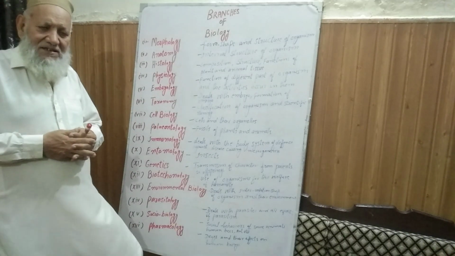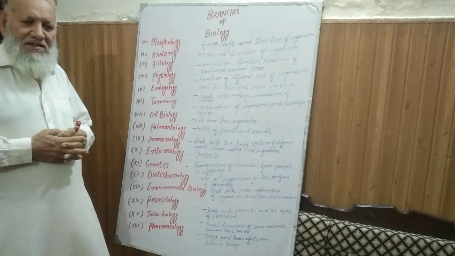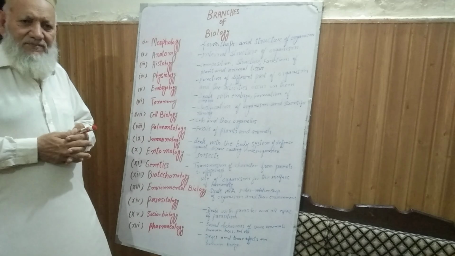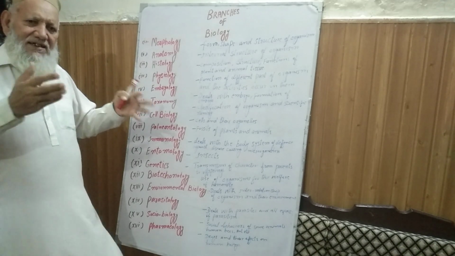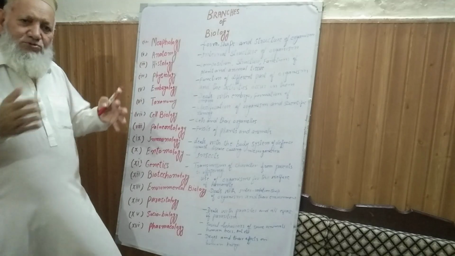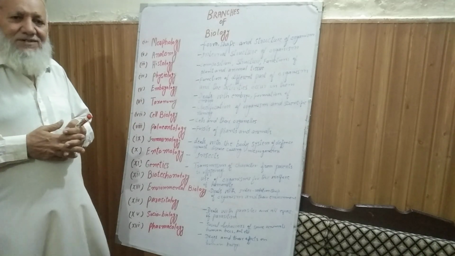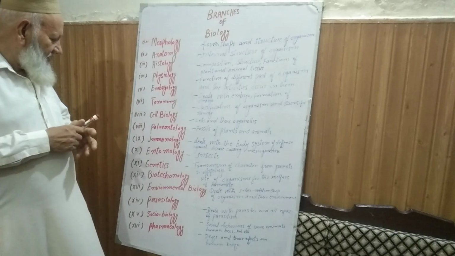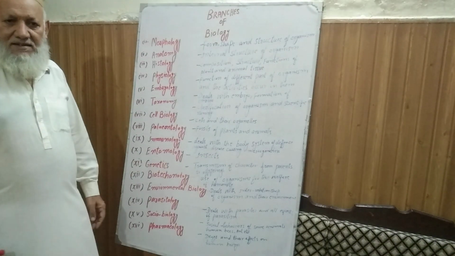For example, if there are animals and they produce dung, we make a well and we produce gases which are used for the purpose of food. There are so many things with the help of which biotechnology plays a role.